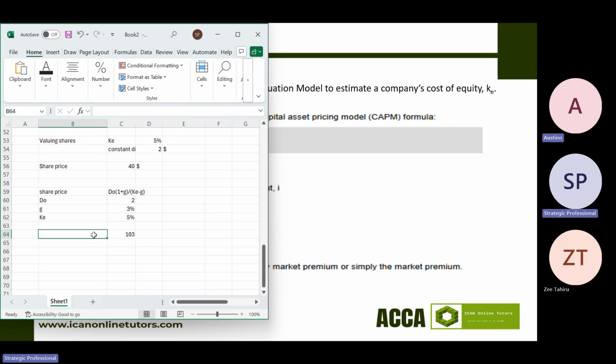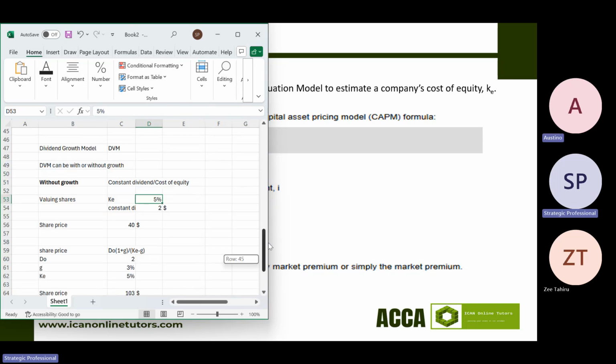So can you see the share price here? Yes, I can. The share price is $103. Like I said, in the dividend valuation model, we usually use it to get share price. But now, with this formula, we want to use it to calculate cost of equity.